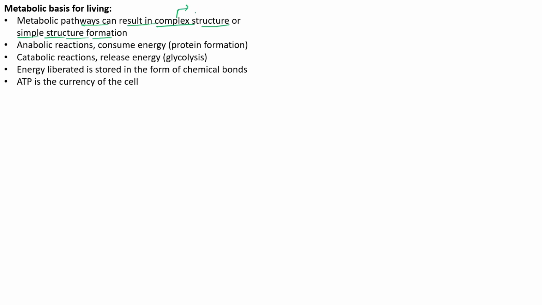For example, conversion of acetic acid to cholesterol results in the formation of a complex structure, and these kinds of reactions we call anabolic reactions. Whereas if it results in the formation of a simple structure, such reactions are called catabolic reactions.